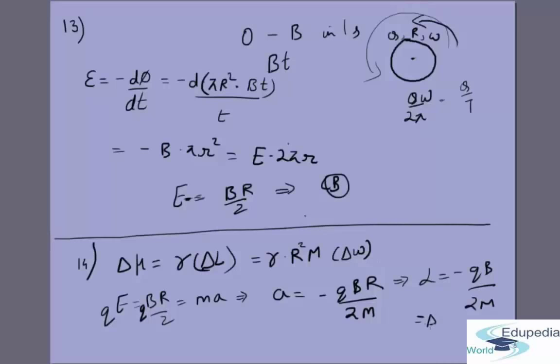So this is equal to delta omega because t is 1 second. So we get gamma into m r squared into qB by 2m with a minus sign. m and m cancel, which is minus gamma q r squared by 2. I'm missing a B here. So minus gamma r squared B q by 2, which is option B.